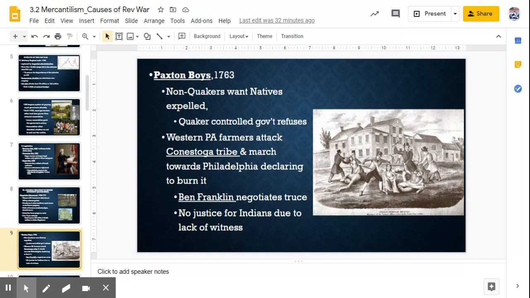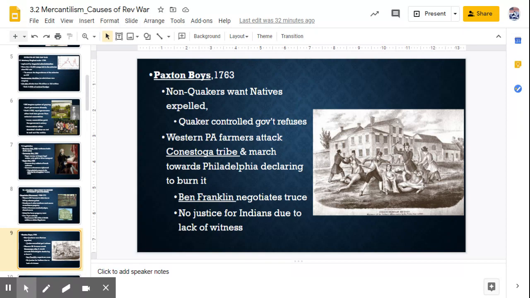The Quaker government would not allow these people to expel Native people, and told them they should not use violent action against these people. And a group of Western farmers decided that they were going to make their position known and see if the government would come and attempt to intervene in any way.